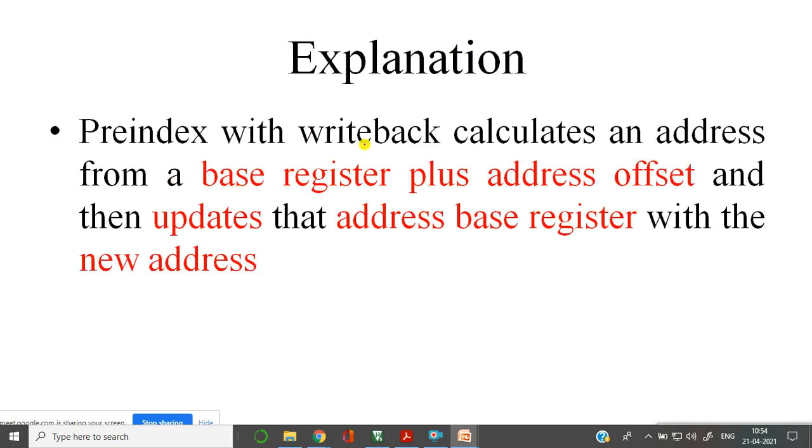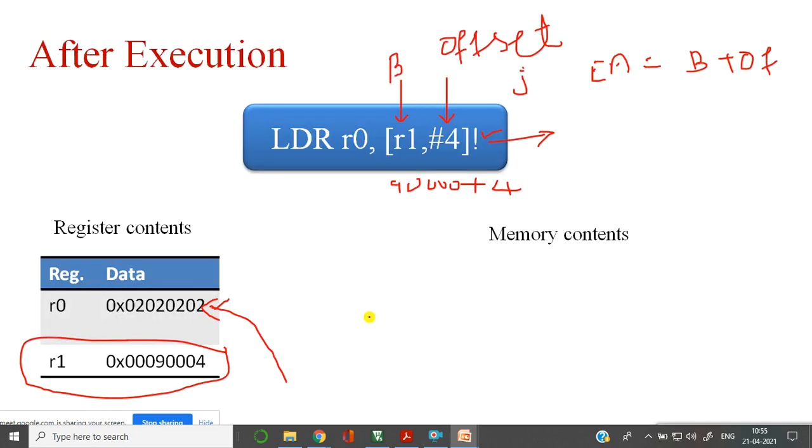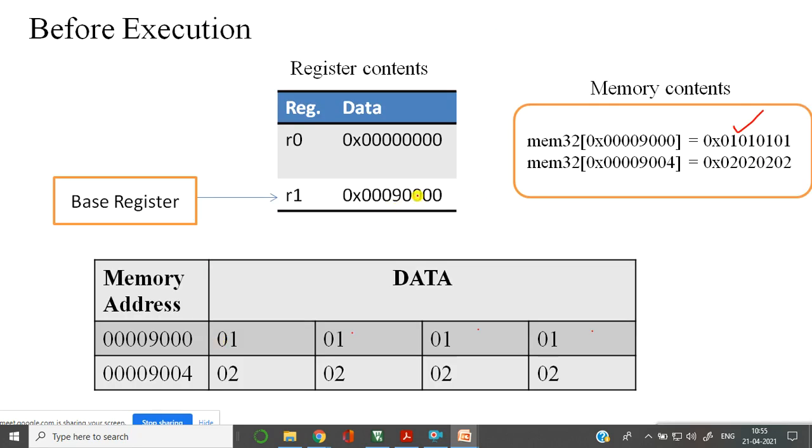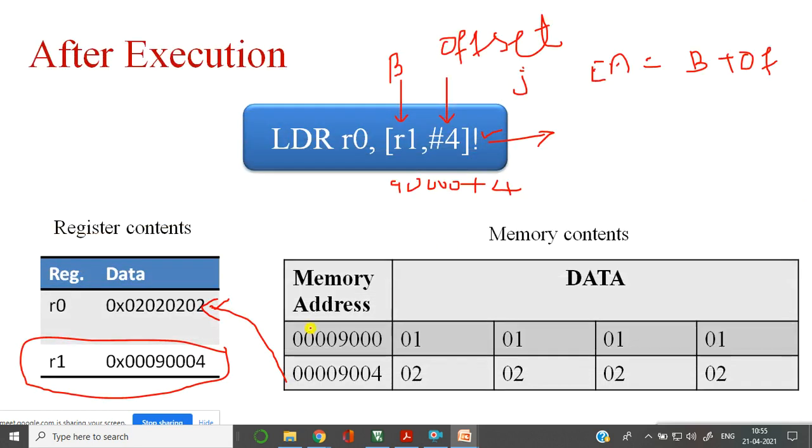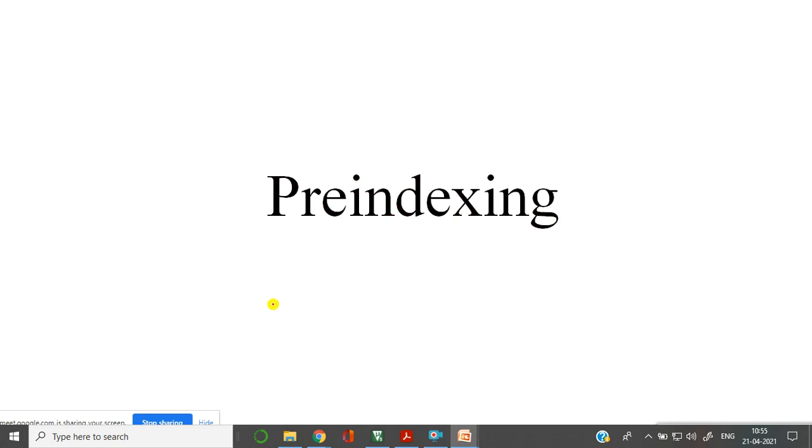Pre-indexing with write back calculates an address from a base register plus an offset address, and then updates the base register with the new address. Earlier the base register was 9000. After executing this instruction, the base address also gets changed. Clear? Hence the name pre-indexing with write back.